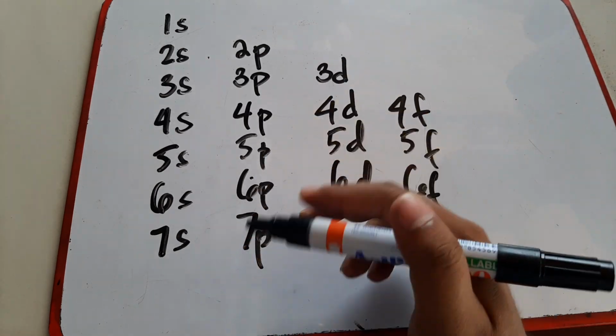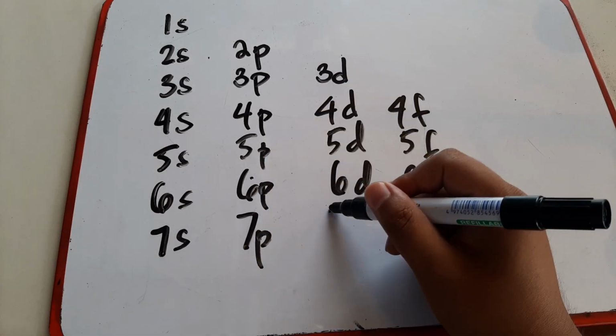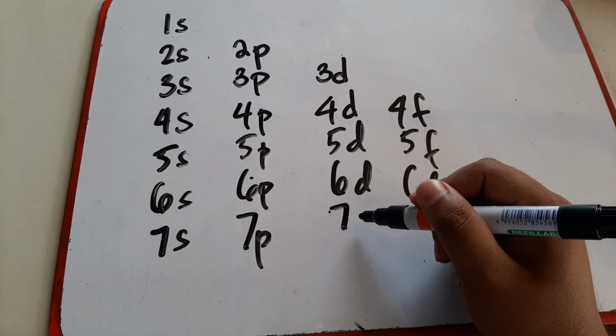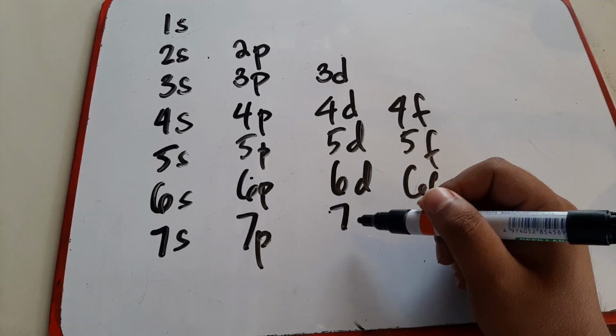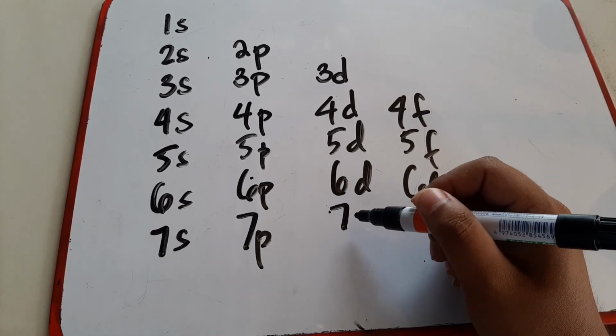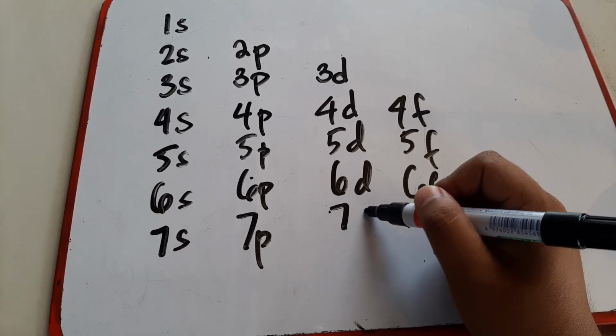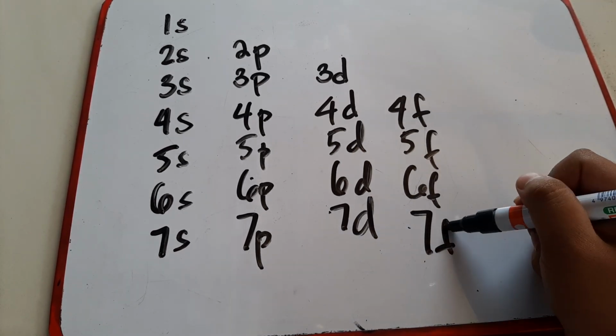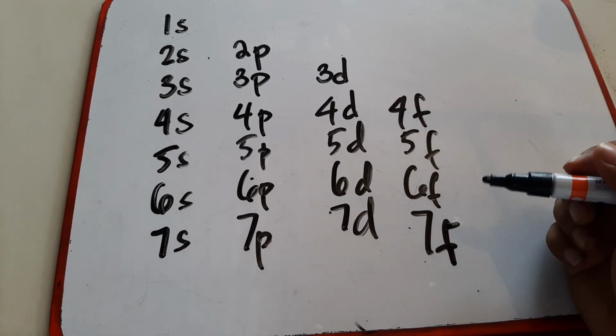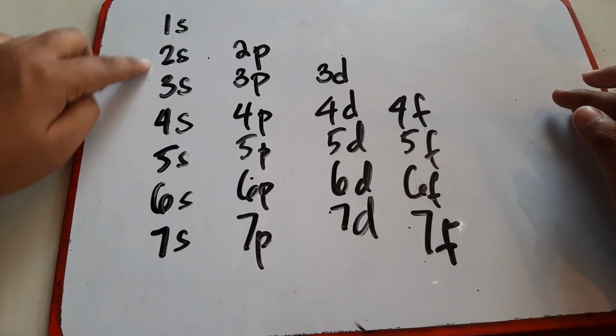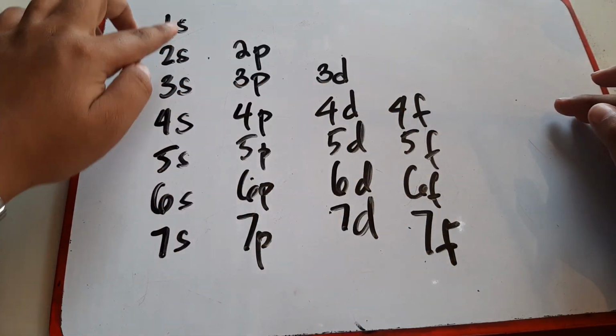Technically, I should stop here at 7P, but for the sake of illustration, I'll go with 7D and then 7F. Alright, so we now just placed our shells and our subshells.